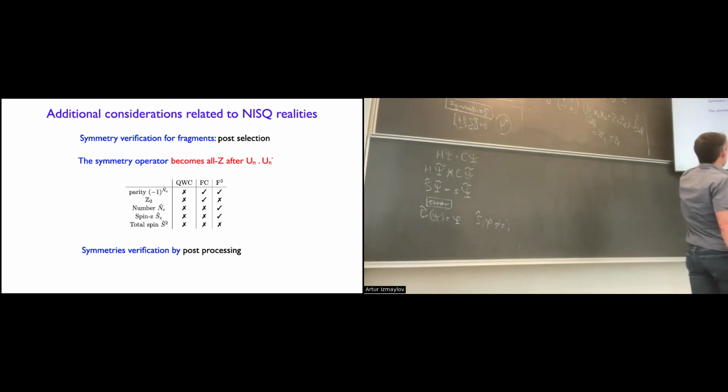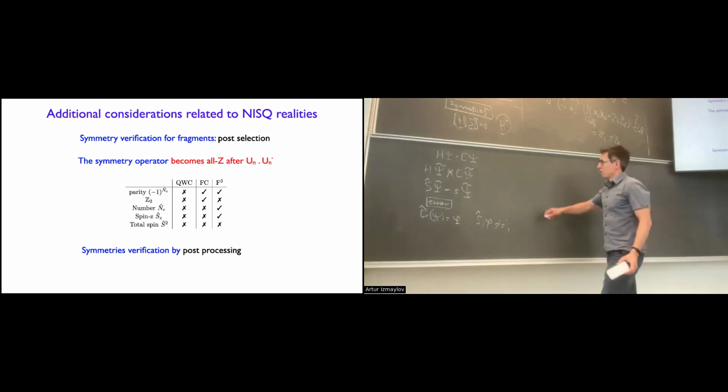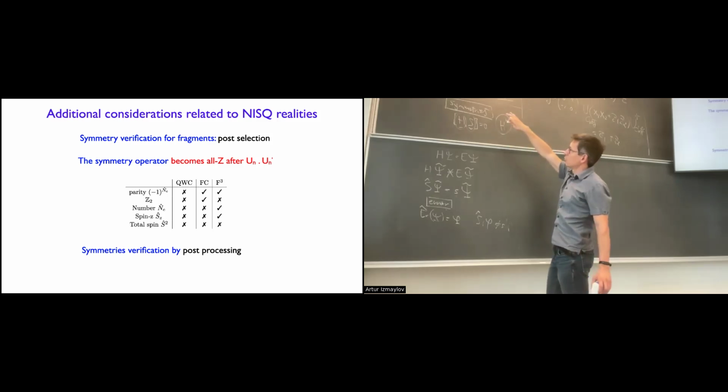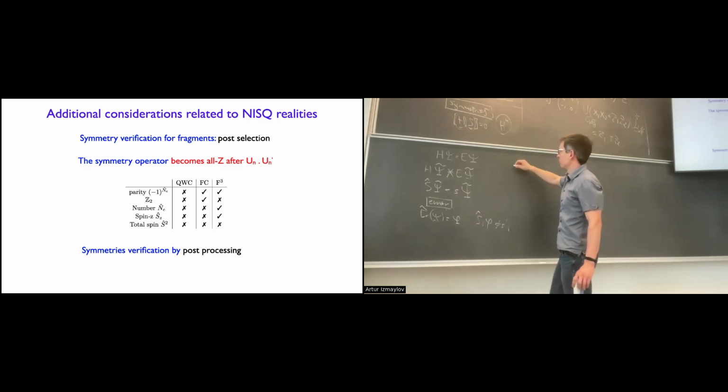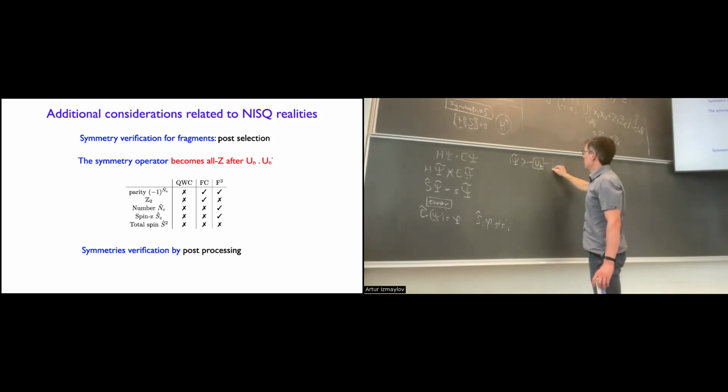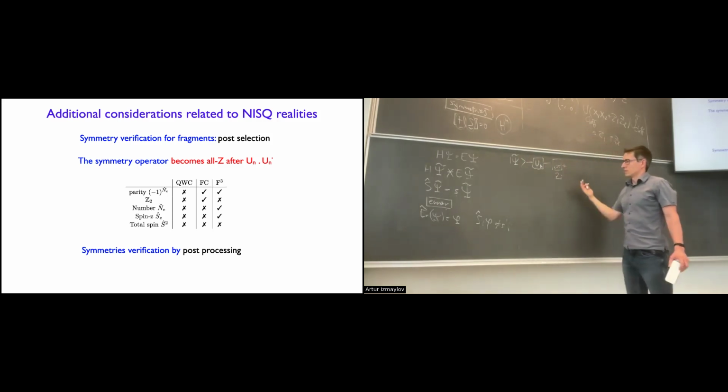The symmetry operator becomes O Z after transformation with the unitary that we apply to measure some fragment, right? So you construct your approximation to the eigenstate, then you do this unitary transformation to measure the fragment, and then what you obtain at the end here are Z_i's.